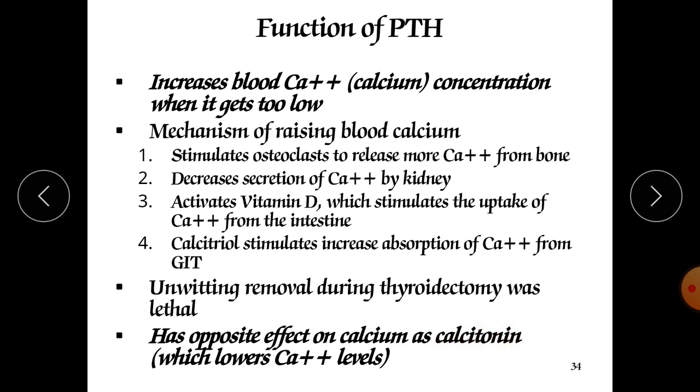The unwitting removal of the parathyroid glands during thyroidectomy can be lethal. That's why we cannot remove the thyroid gland directly from our body. Only if a cancerous cell has developed do you have to remove it. Otherwise, we cannot remove the thyroid gland from our body.